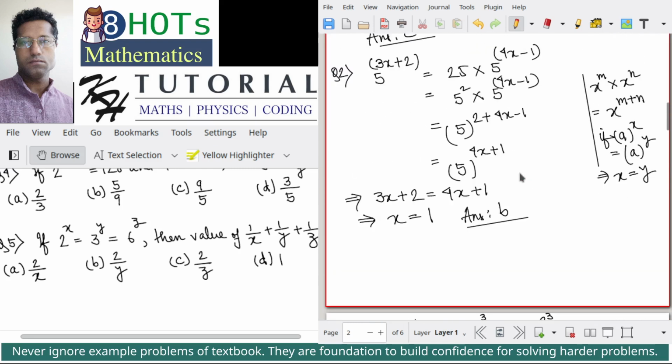I will solve more problems of this kind on exponential equations, and then I will solve problems on simplifying exponential terms and problems related to the radical form and the exponential form. So I will do a lot of problems on this topic of exponents. Please stay tuned. These problems will be loaded in this playlist only.